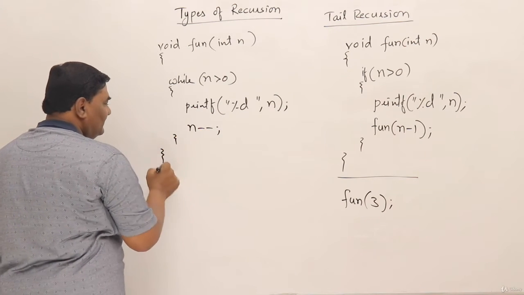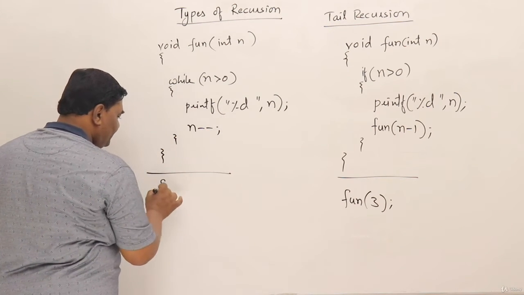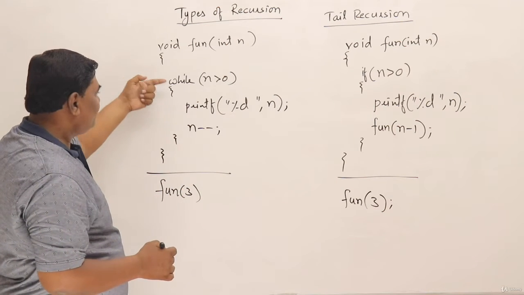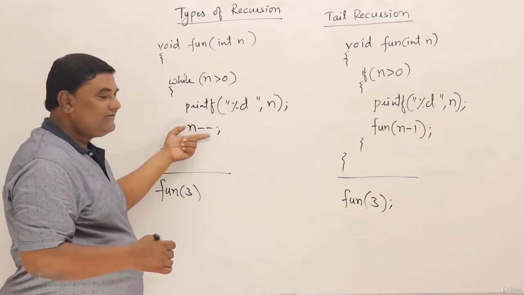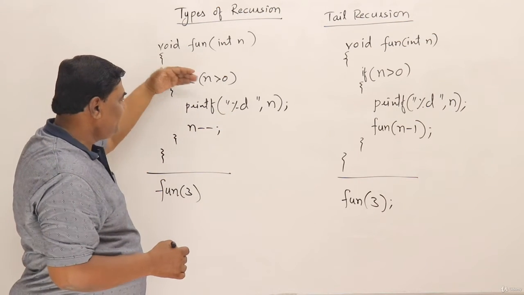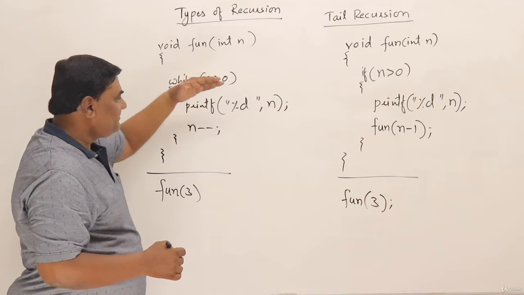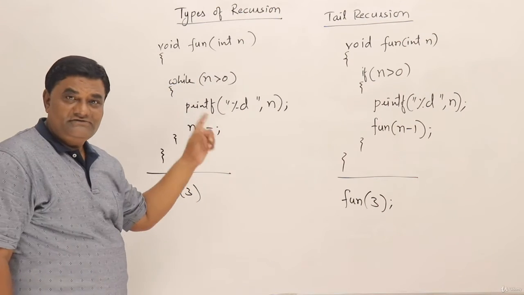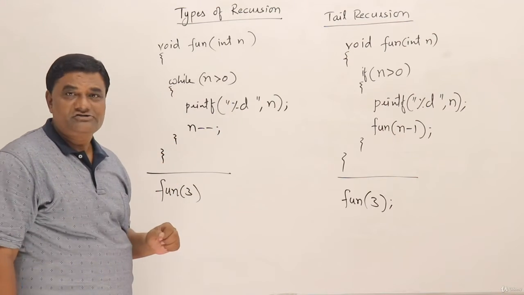That's it. If I call this function by passing value 3, then 3 will be passed here, it will first print 3, then it will make n 2, and repeat. So print 2, then repeat, print 1, then repeat, it is 0, so it will stop. This will work the same as that recursion.